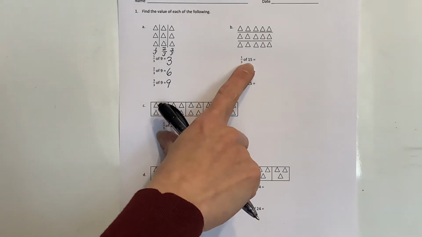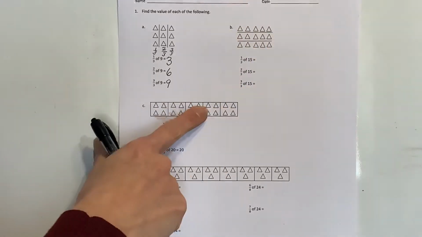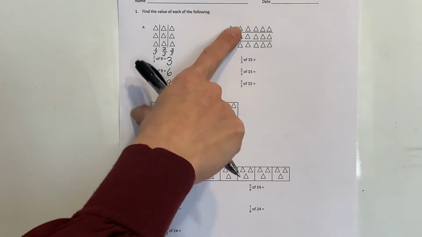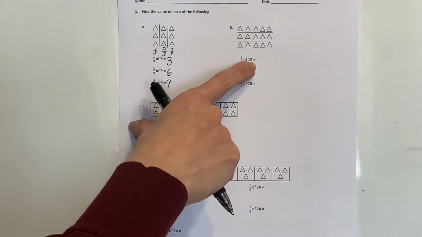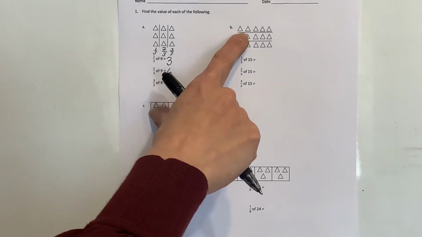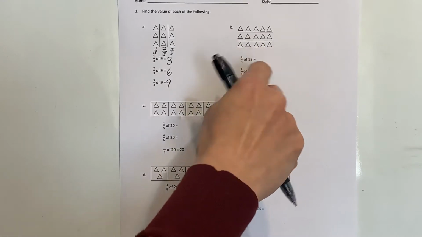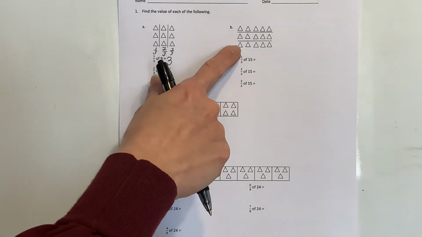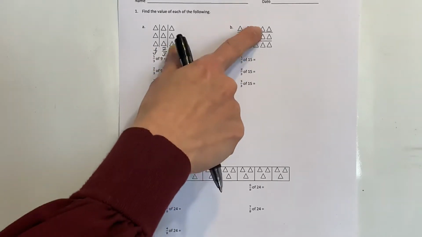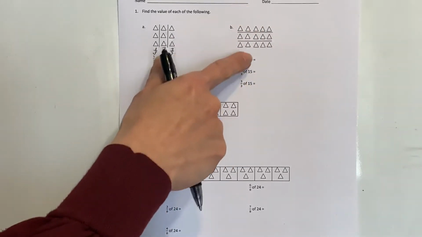All right. So here for part B, they have 1/3 of 15. So we need 15 counters, and now they have them lined up differently. 1/3 of 15. So they have them so that, like if I turn this on its side, it would be 3 in each group. See, they have 3 in each group here, or 3 in each row.